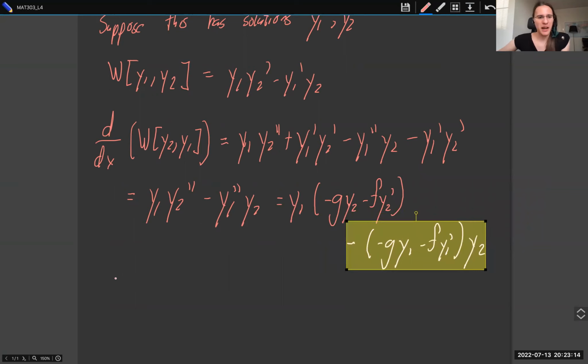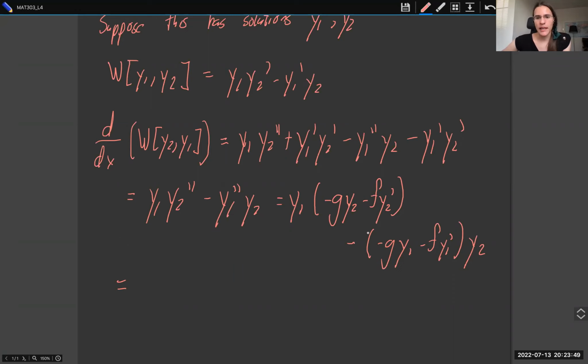Okay. And so as a consequence, let's look at, for example, the y1 g y2 terms. Those don't have derivatives, right? And this term cancels with this term, right? Because there's a g, there's a y1, there's a y2, and there's a g, there's a y1, there's a y2, except there's a negative sign here. So this one has the opposite sign from that one, so they cancel out.